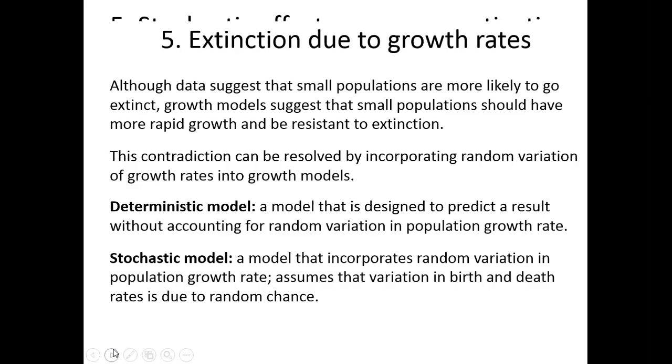So that when we say the survival rate of 3-year-olds is 0.4, so S sub 3, the probability that they'll survive to the age of 4 is 0.4. Well, what if it's 0.4 plus or minus 0.3? It could be as high as 0.7. It could be as low as 0.1.